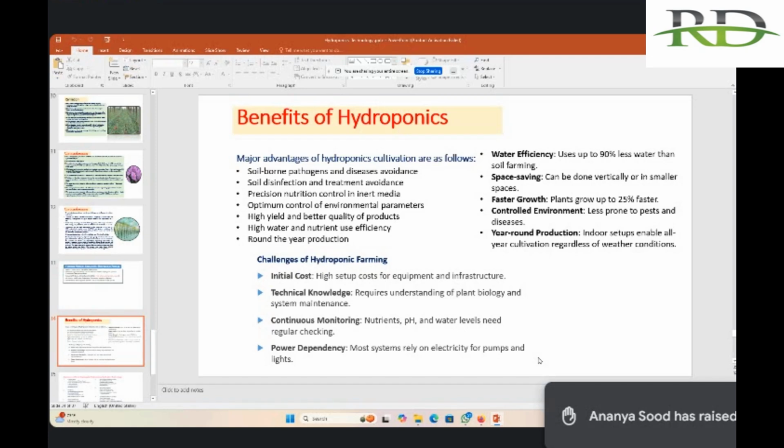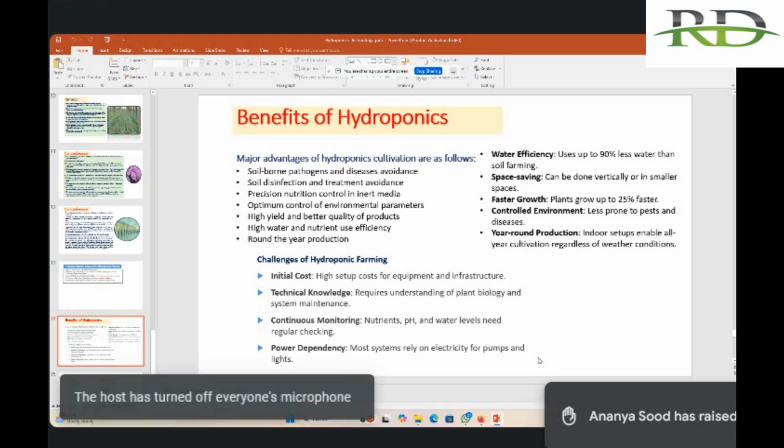which is detrimental to the soil itself and to the environment itself. So if we are using a soilless media, as somebody said, we are giving importance to the environment. We are damaging the environment less, and we are again reusing the water, so we have high water and nutrient efficiency.